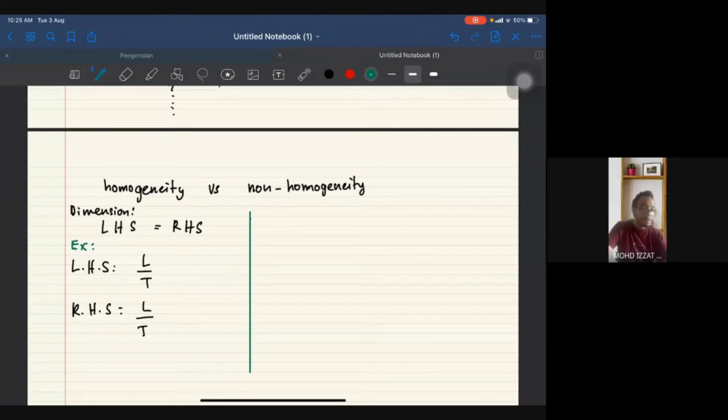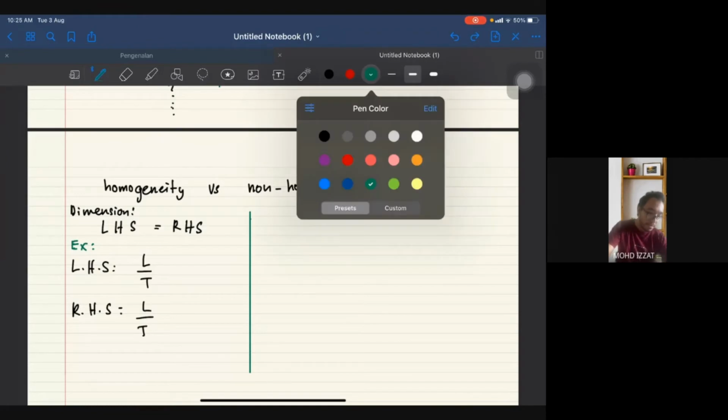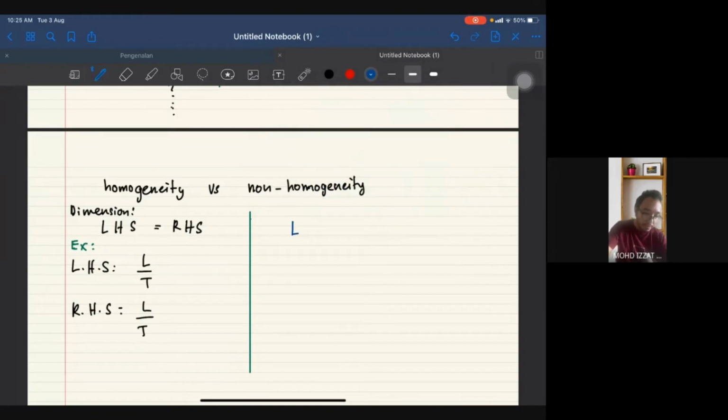Okay, example for non-homogeneous. The left hand side, so I'm going to write this one maybe in blue color. The left hand side is not equal to the right hand side. Okay.